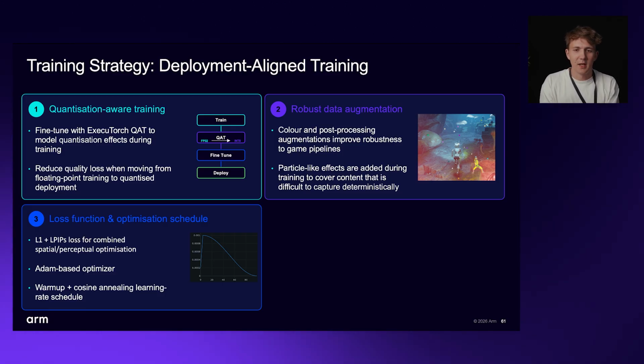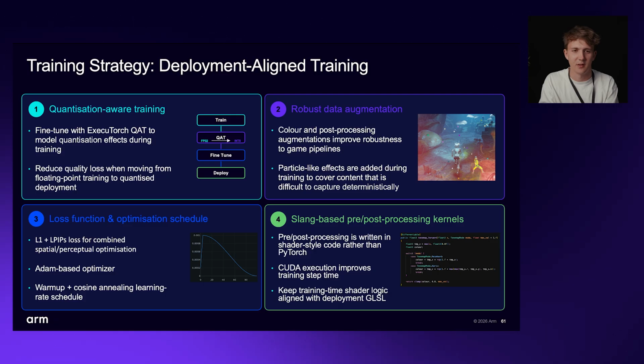In terms of training, we use an L1 and LPIPS loss for combined spatial and perceptual optimization, and then fairly standard Adam optimization with warm-up and cosine learning rate schedules. We found that by doing this, we can achieve predictable and stable convergence towards good candidate selection. And then finally, we use deployment-aligned kernels.